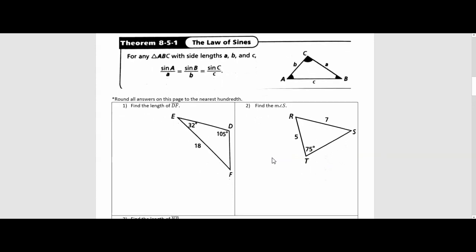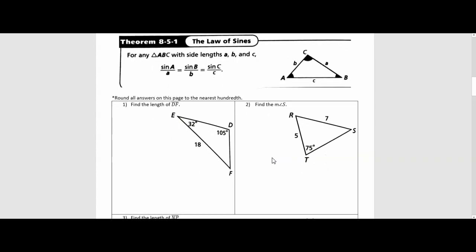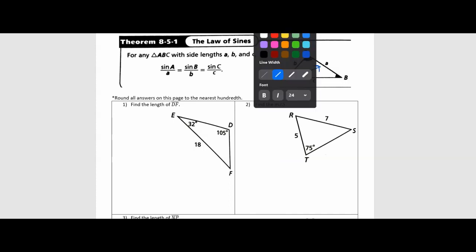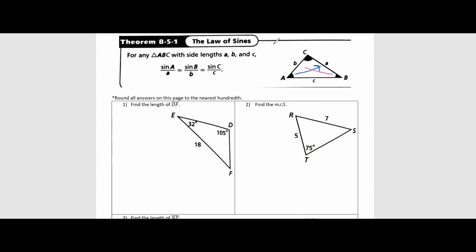And again, this is nice to use when we do not have a right triangle. And all the law of sines is, is a set of ratios. So if I label a triangle with angles A, B, and C, and sides a, b, and c, notice that they're using lowercase a because those are the ones across from each other.